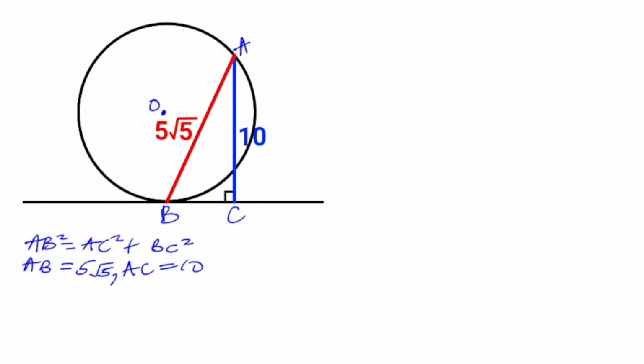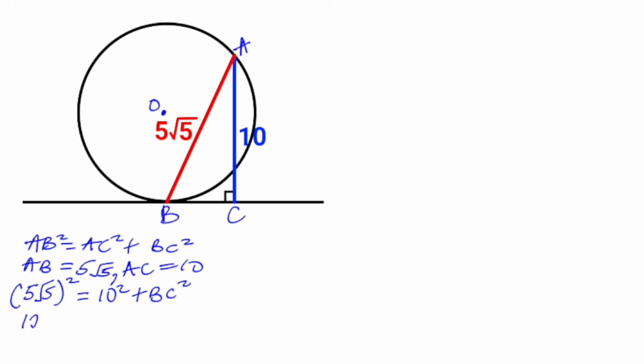Substituting these values in the above expression will give us (5√5) squared is equal to 10 squared plus BC squared.